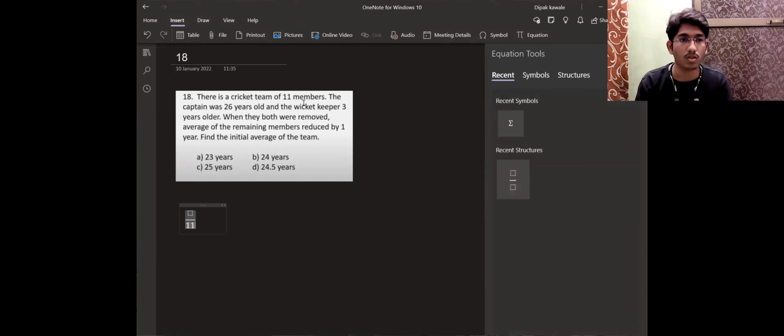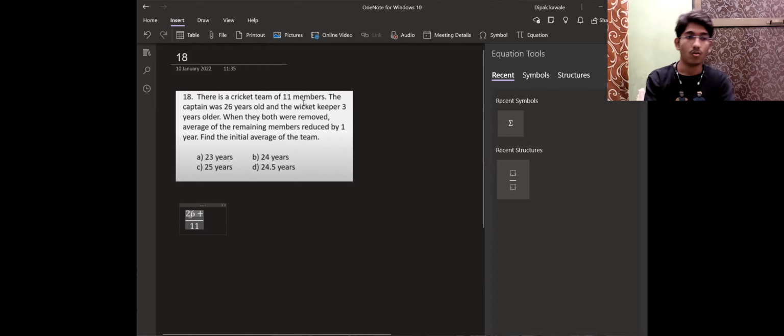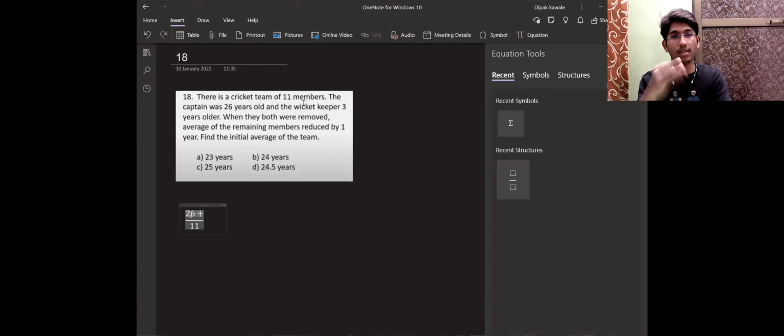The captain was 26-year-old. चलो एक का डाटा तो अपने को मिल गया, 26-year-old. And the wicket keeper 3 years older. Okay, मतलब विकेट कीपर जो है वो कैप्टन से 3 years older है, मतलब 26 plus 3, 29. So that means it is 29.